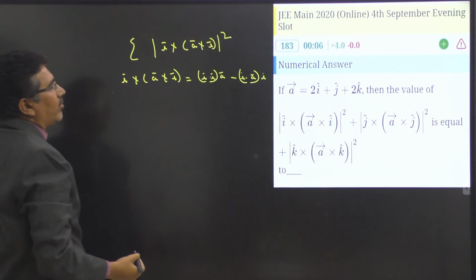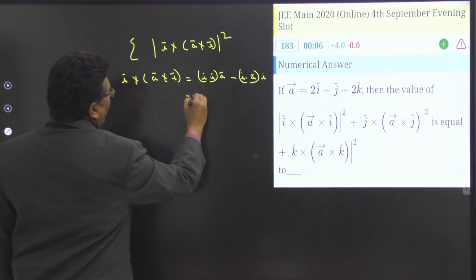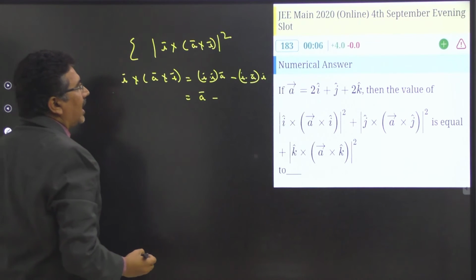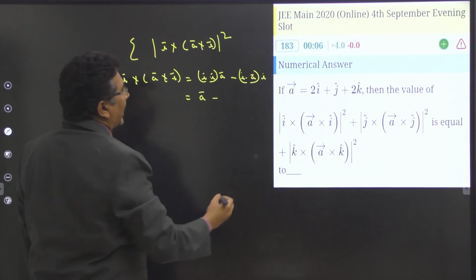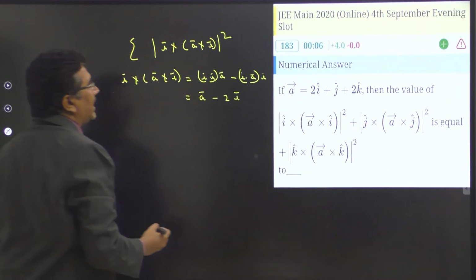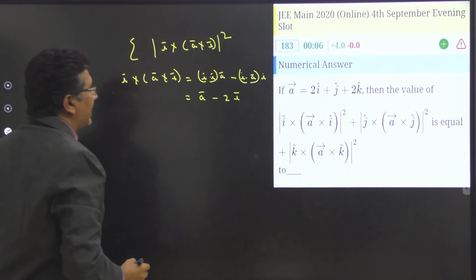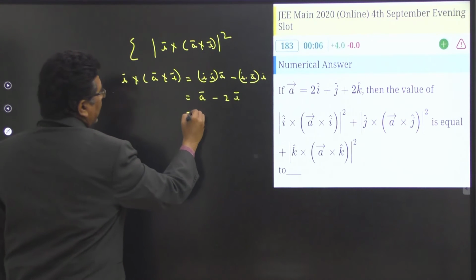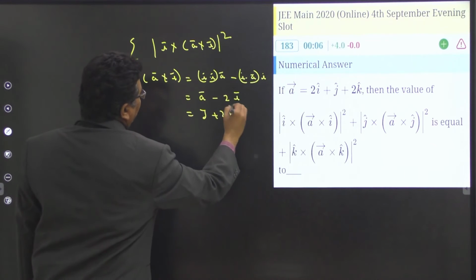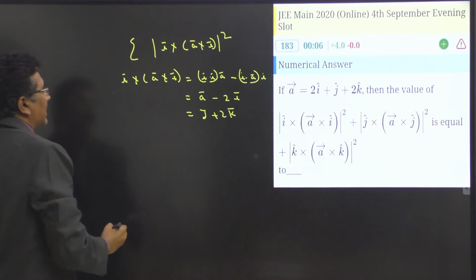I bar dot I bar is equal to 1, so that is equal to A bar minus (A bar dot I bar) I bar. A bar dot I bar means 2, so A bar minus 2I bar, that is equal to J bar plus 2K bar, right?